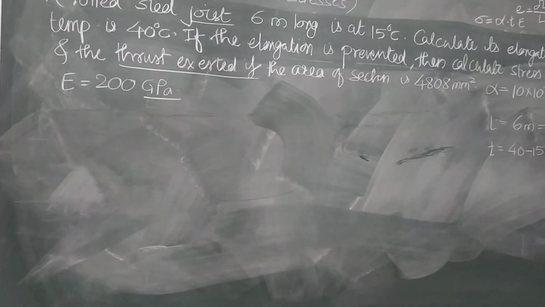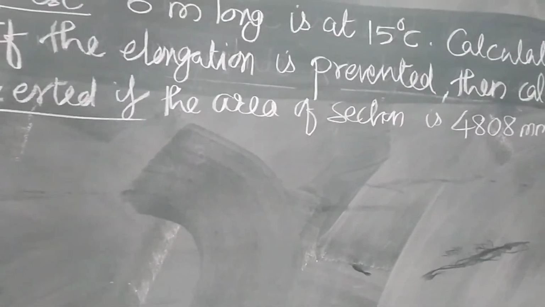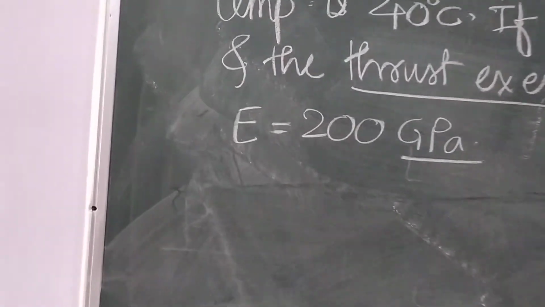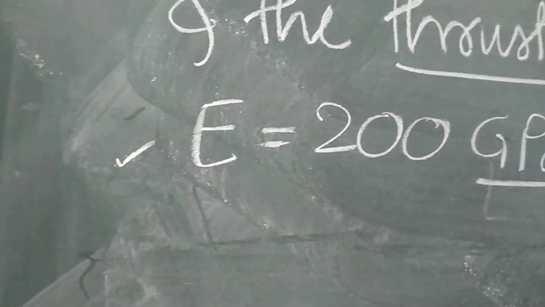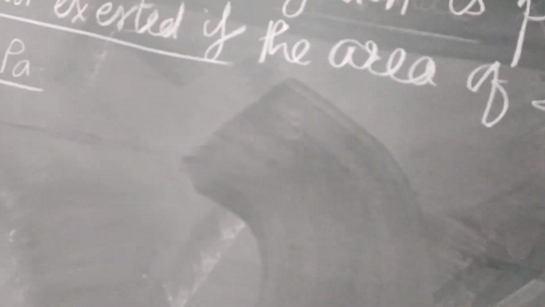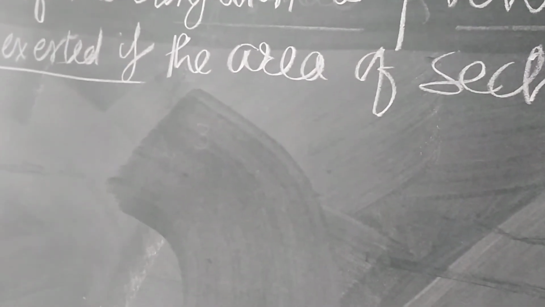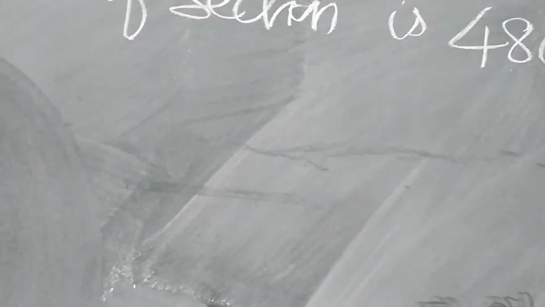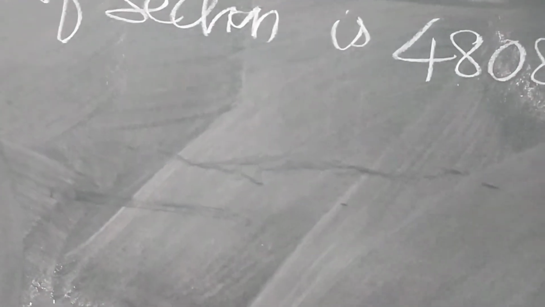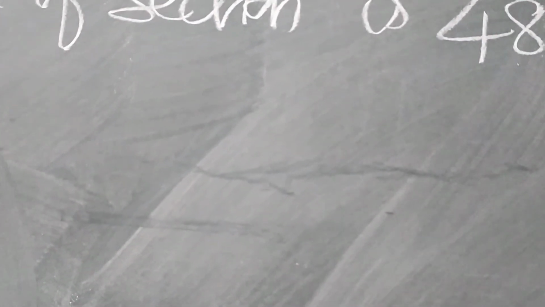If the elongation is prevented, then calculate stress induced. So delta L and sigma are very easy to calculate, but not so easy because of the thrust exerted. What is thrust exerted? It is a force or a pressure. So you have to calculate P. Before that, you have to calculate first delta L and sigma.